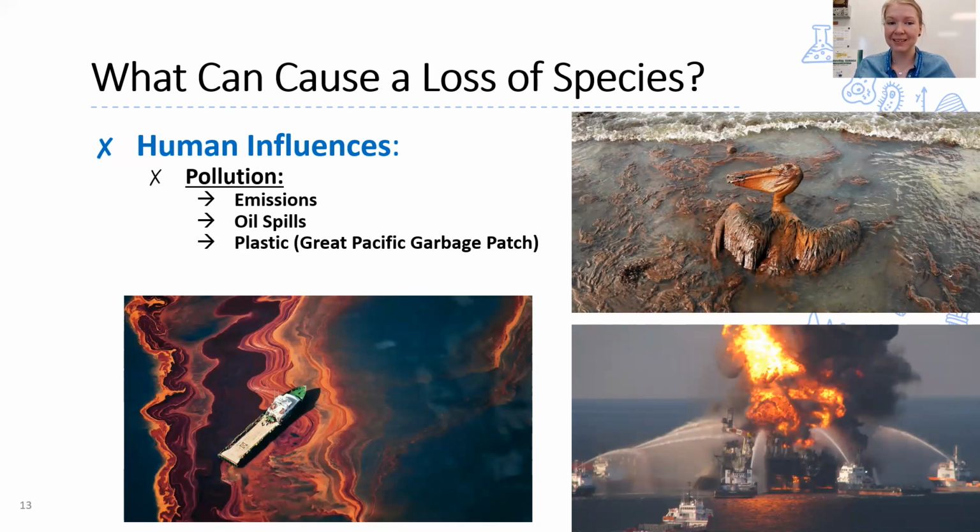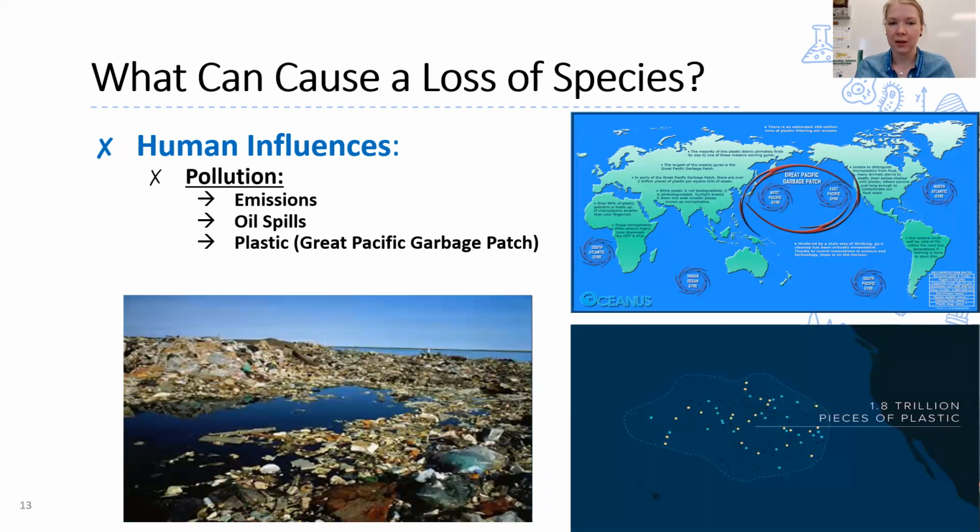We pollute through plastic. Plastic that's not recycled or reused properly ends up in the trash, and a lot of the trash somehow makes its way out into the oceans. And so we have these things called huge garbage patches that are in multiple different oceans.